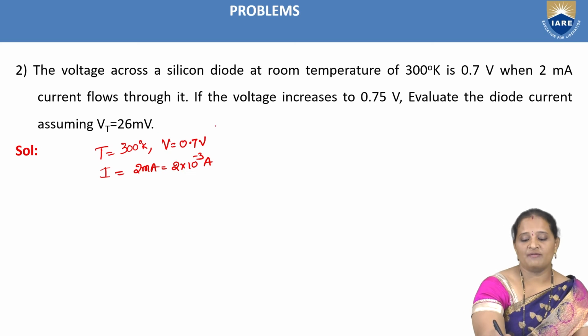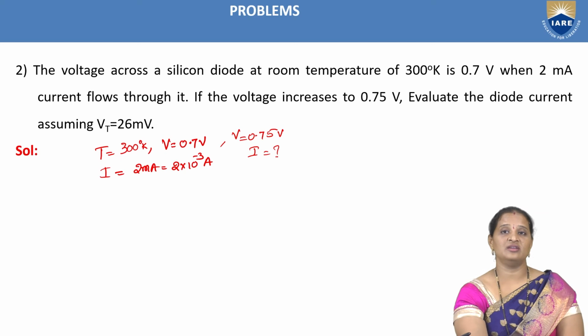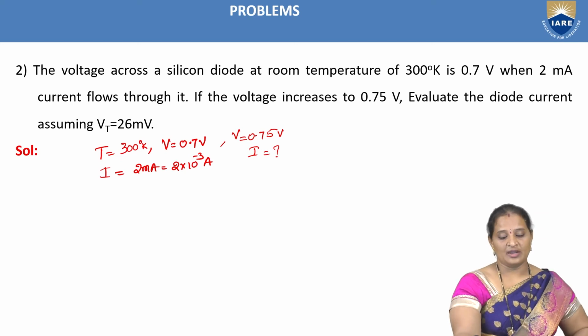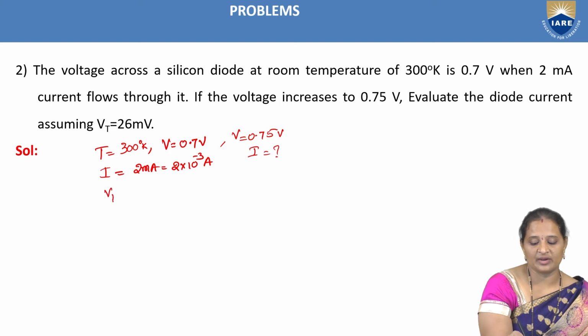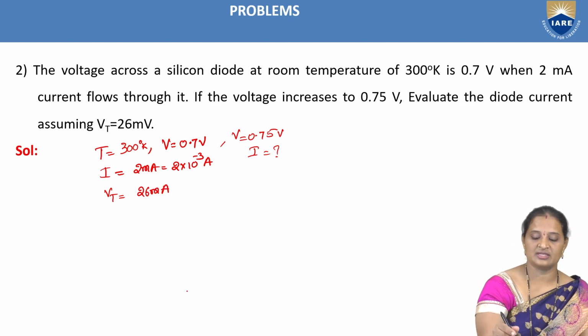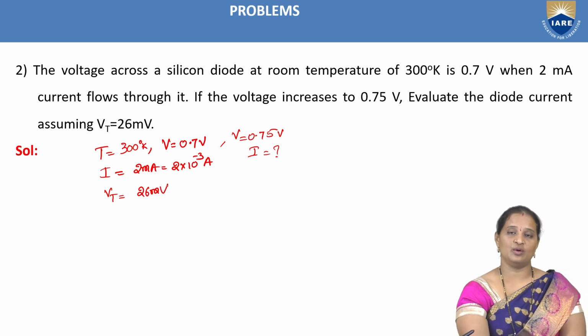So now he asked us, if we increase the voltage to 0.75 volts, to find the current flowing through the diode, and he has also given one more value, that is the volt equivalent of temperature, Vt, which is equal to 26 millivolts.